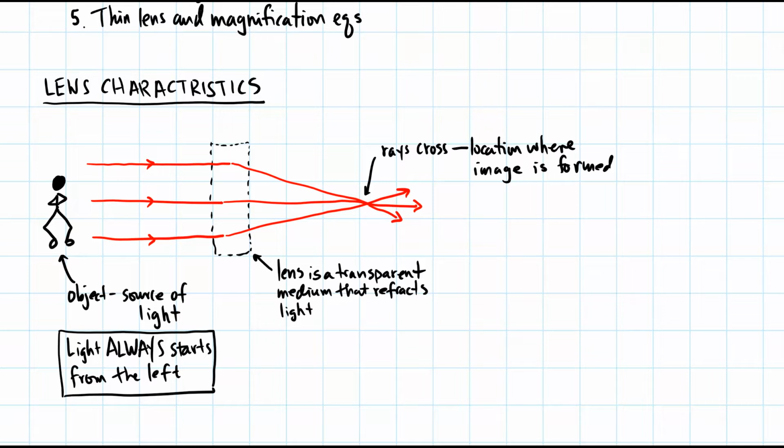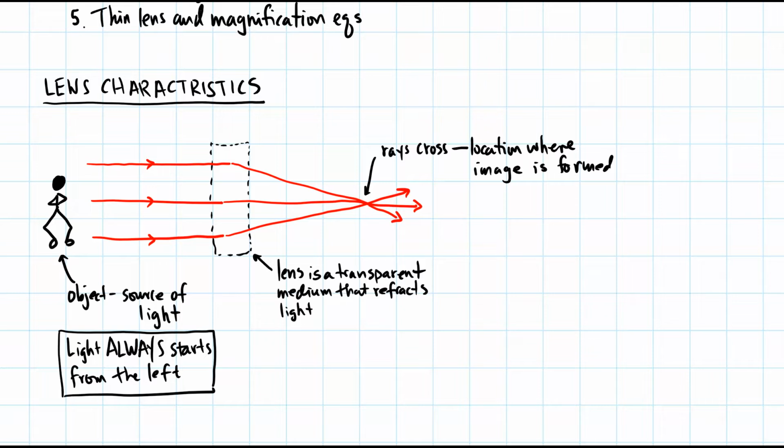Light always starts from the left and goes right. So then I have these parallel rays, and then it interacts with the lens, which is a transparent medium that refracts the light.